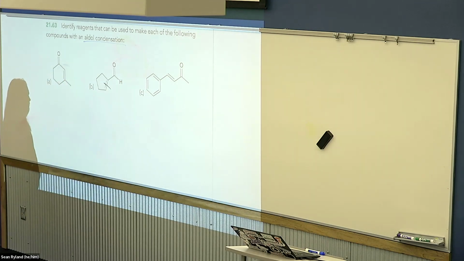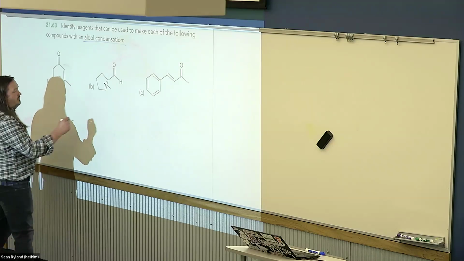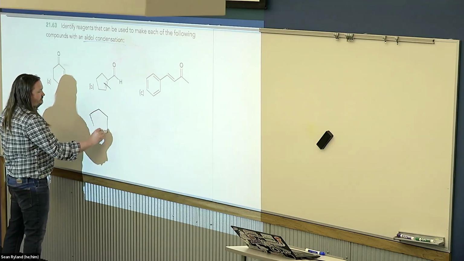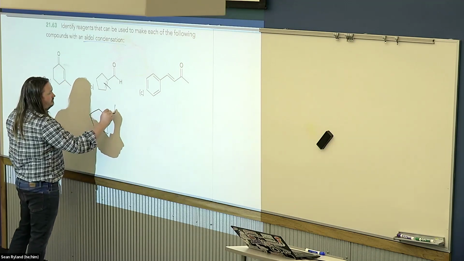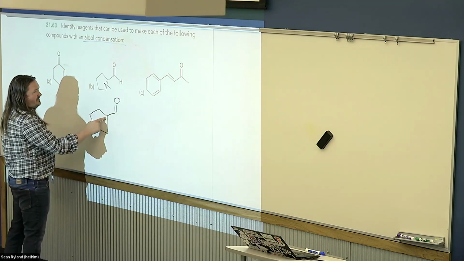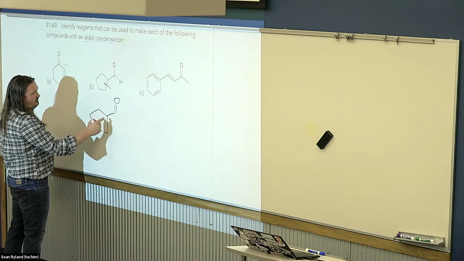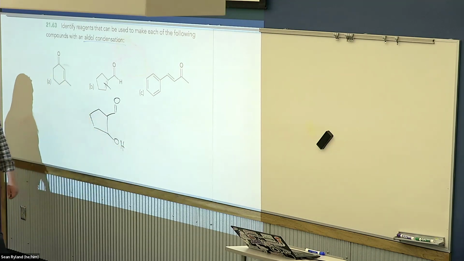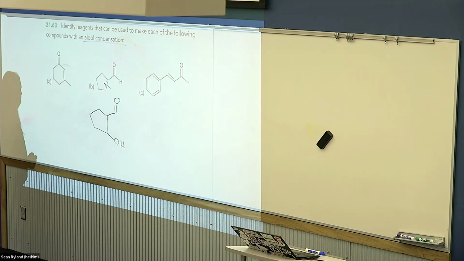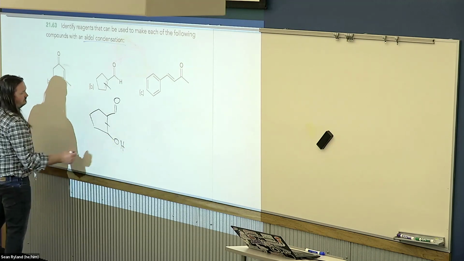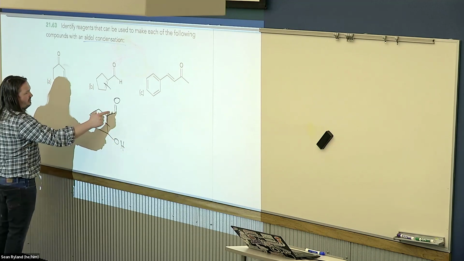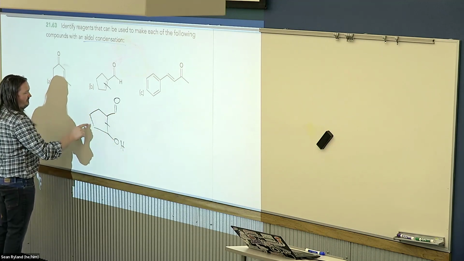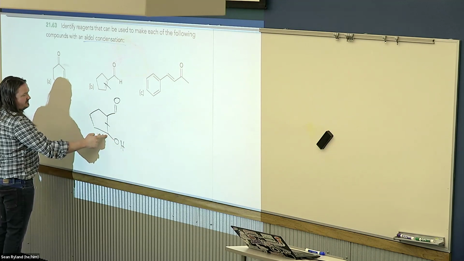So that's the one that we're breaking. So our intermediate. So that's the alpha carbon. There's the beta carbon. Breaking that, we get 1, 2, 3, 4, 5, 6.